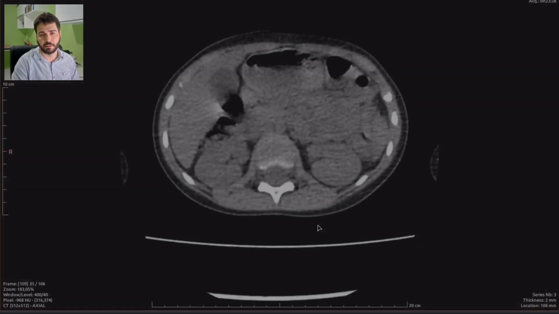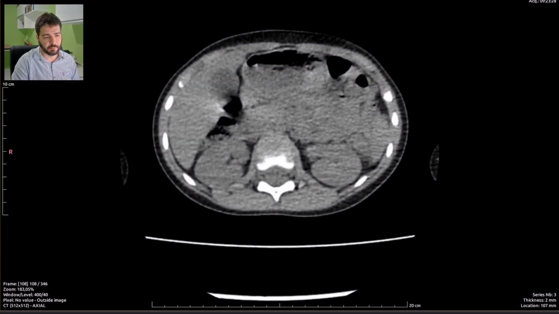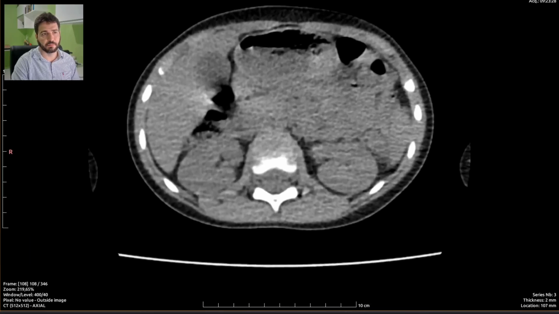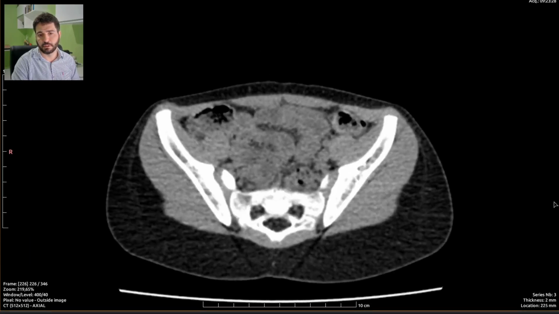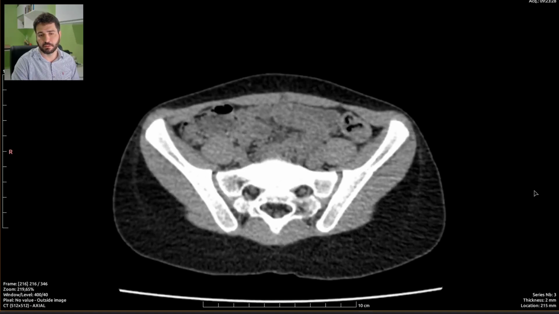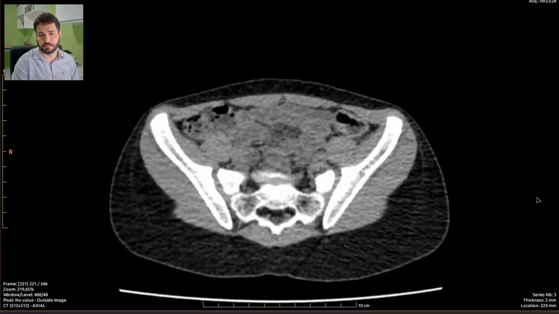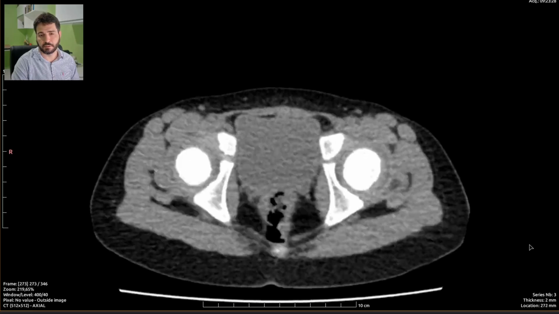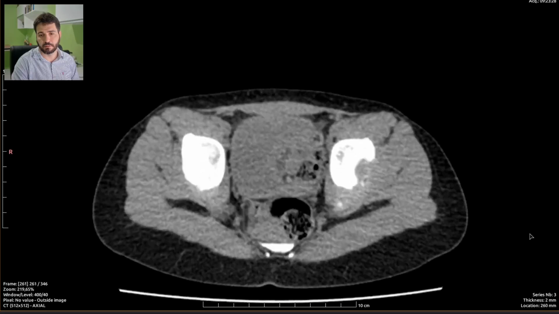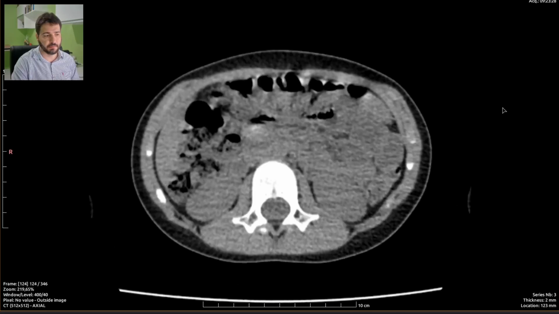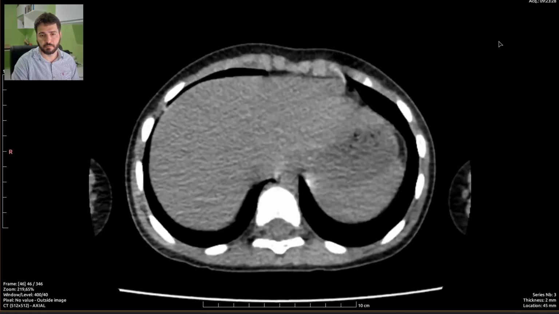So the download has ended. Let's load the exam, and of course this is also a terribly dumb, malpositioned and all shaky CT scan, because it is a child and people can't really do child CT scans, which is terrible by itself.